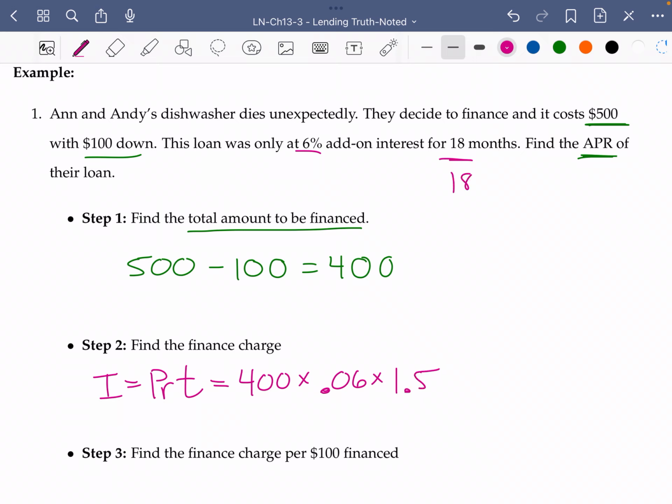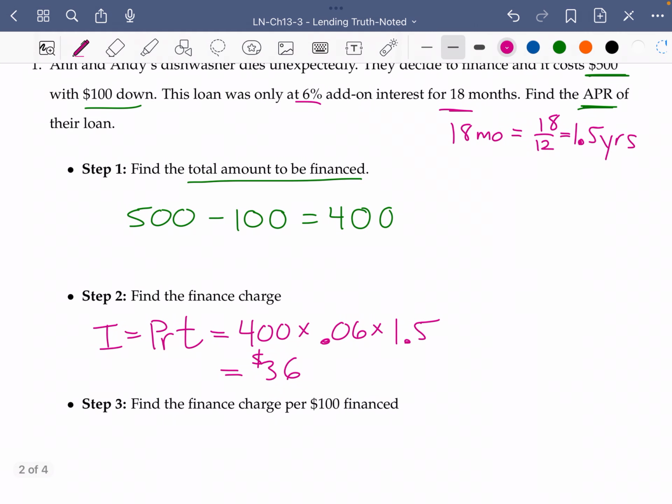So 18 months is equal to 18 over 12, which is 1.5 years. And so our finance charge is going to be $36. We've borrowed $400, and they're going to charge us $36 in interest.